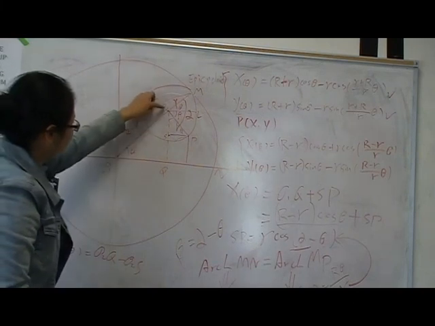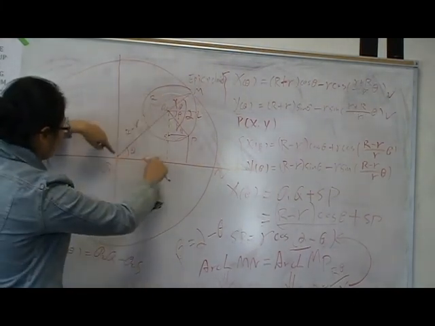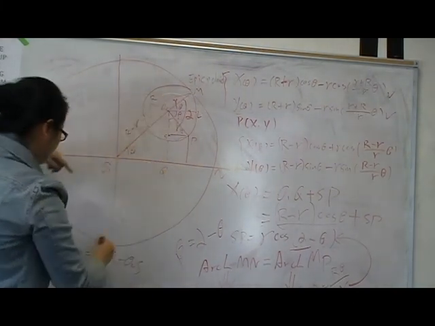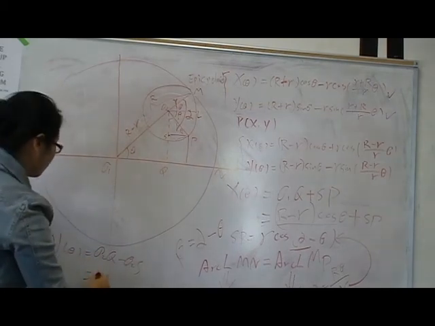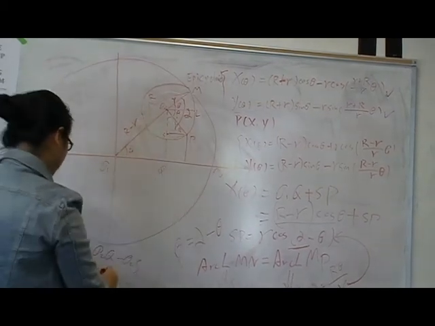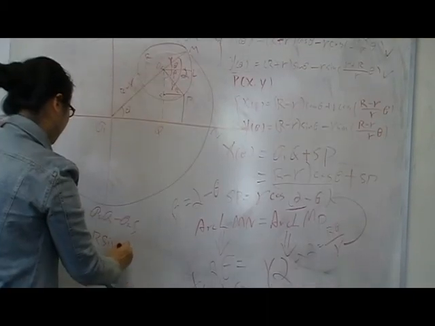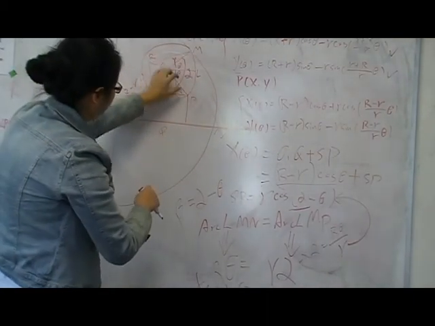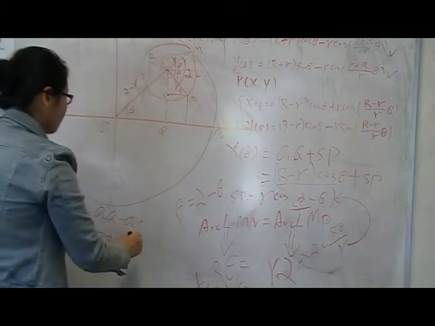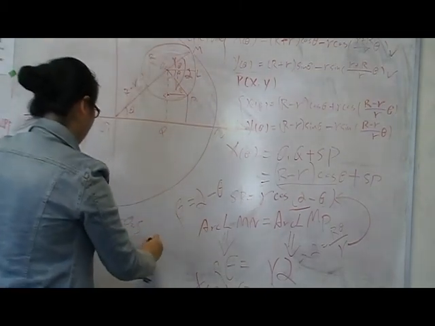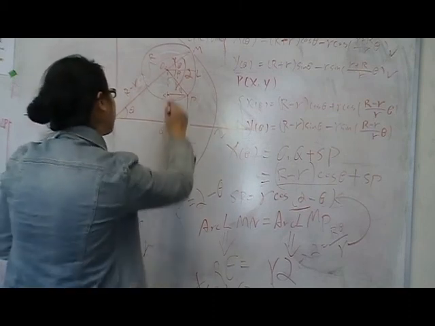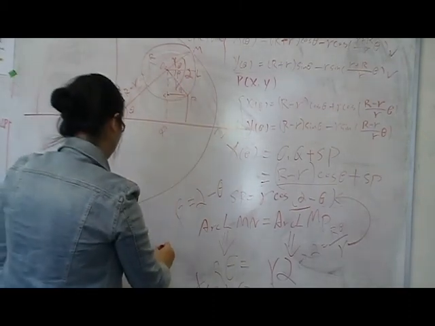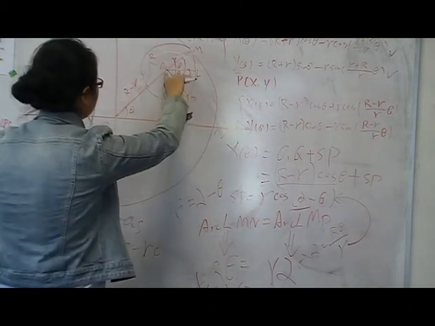And O2Q is also in this triangle, O1Q, which is big R minus small r times sine theta, minus O2S, which is in this small triangle, which is small r times sine beta.